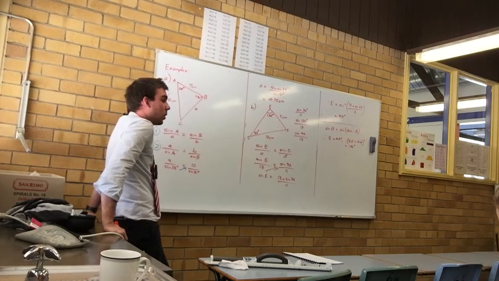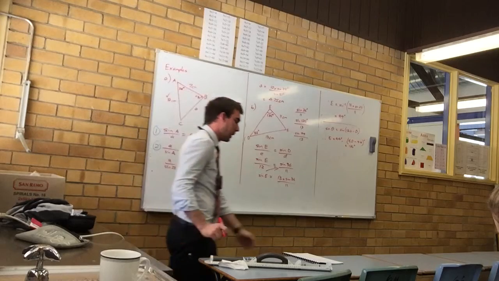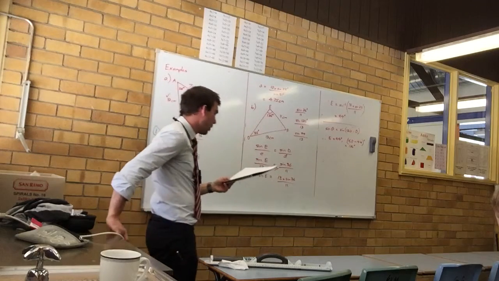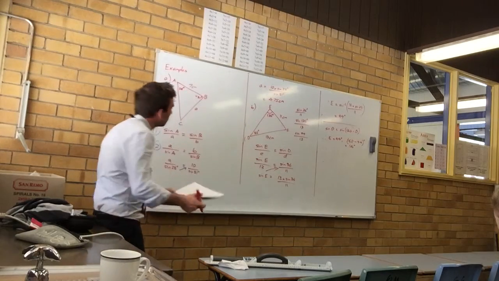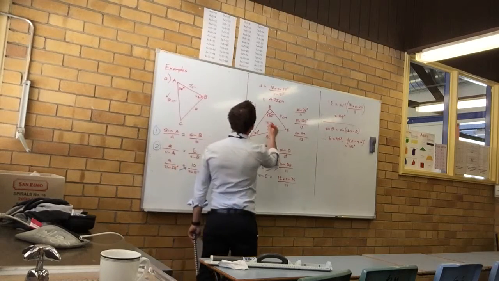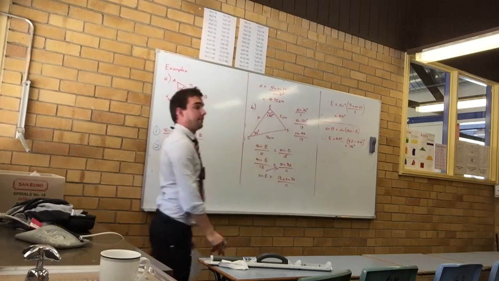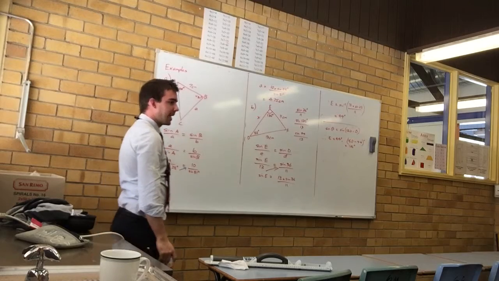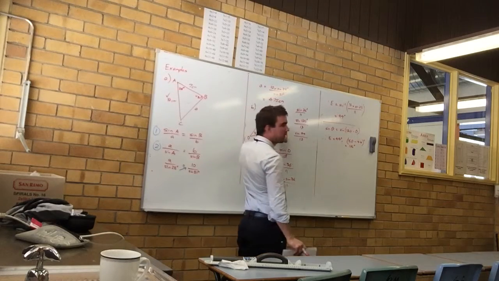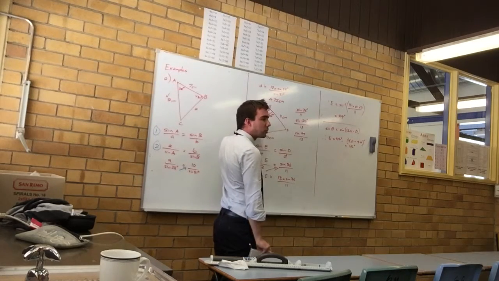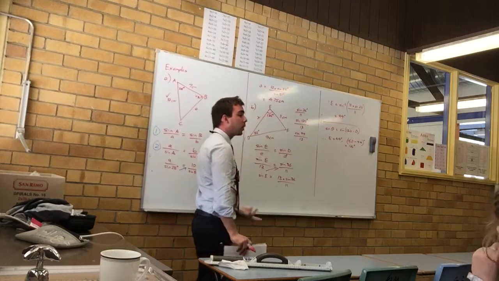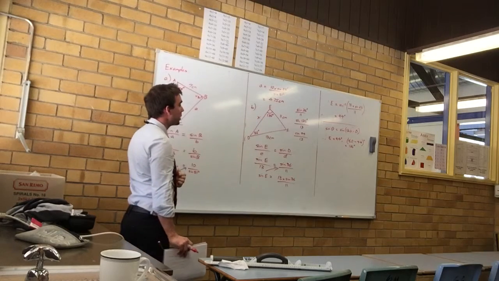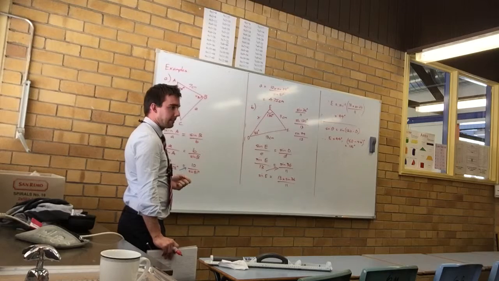Okay? So that is why we have to consider 2 possible answers. Both answers are possible because we don't actually know how long this side is here. So not knowing this angle, therefore not knowing that size, it is theoretically possible to have 2 values for the angle at E. Okay?